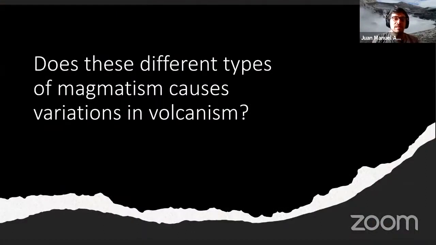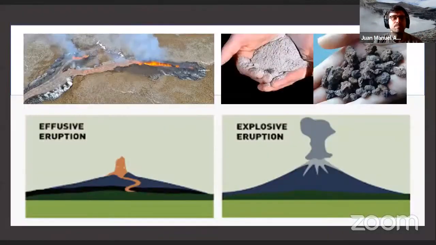And as we saw, as there are different types of magmatism, we have to know if there are variations in the type of eruptions related to these different types of magmatism. To understand it better, there are two big families of eruption: the effusive eruptions, basically lava eruptions, and the explosive eruptions.